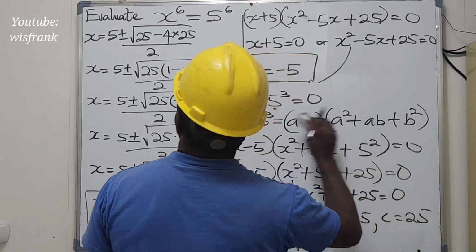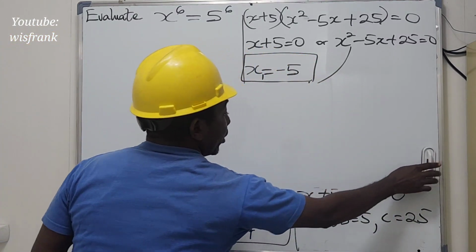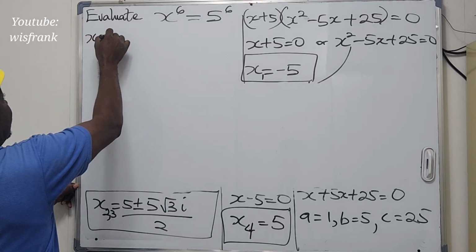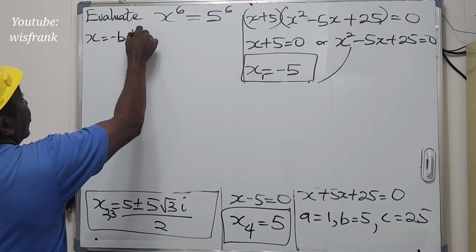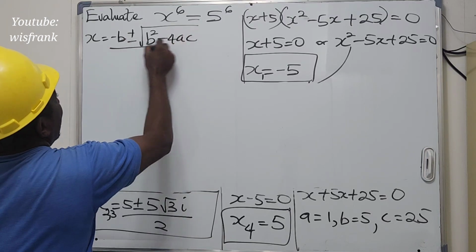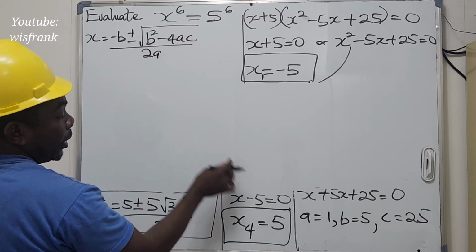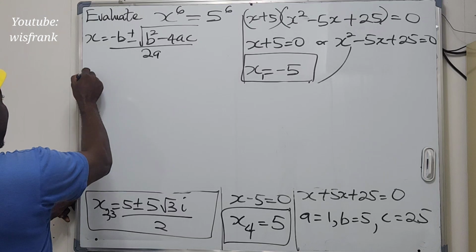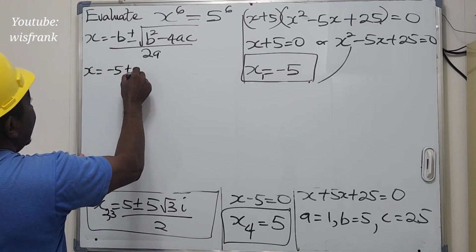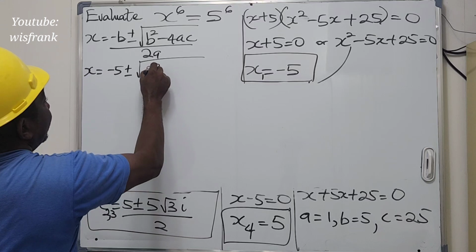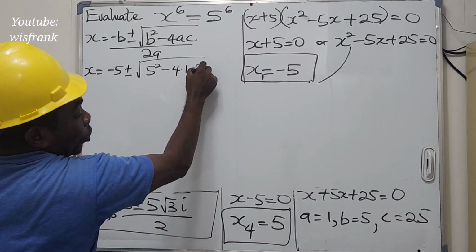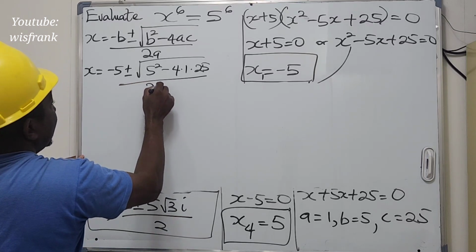Then we substitute that into the quadratic formula, which is x equals minus b plus or minus the square root of b to the power of 2 minus 4ac all over 2a. So the parameters give x equals minus 5 plus or minus the square root of 5 to the power of 2 minus 4 times 1 times 25, all over 2 times 1.